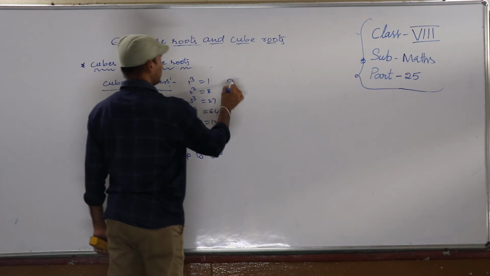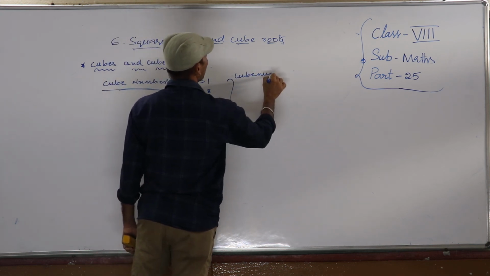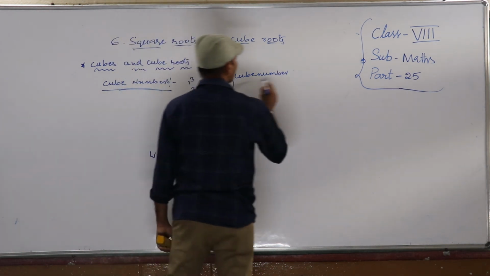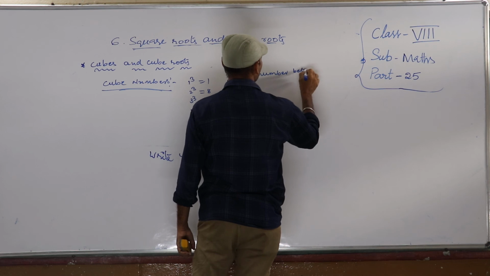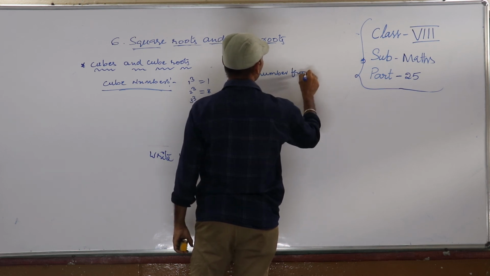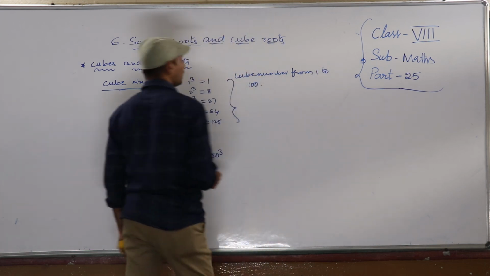But how many cube numbers are there between 1 to 100? How many are there, children?